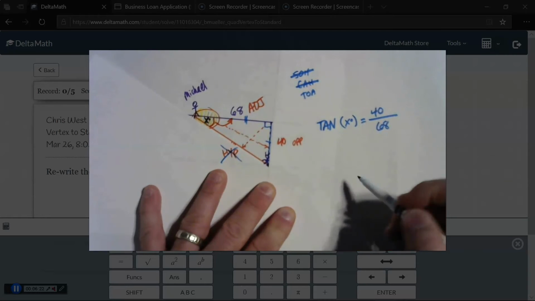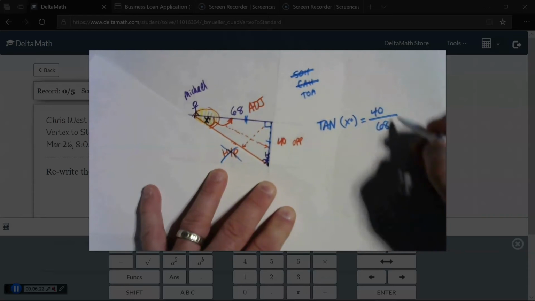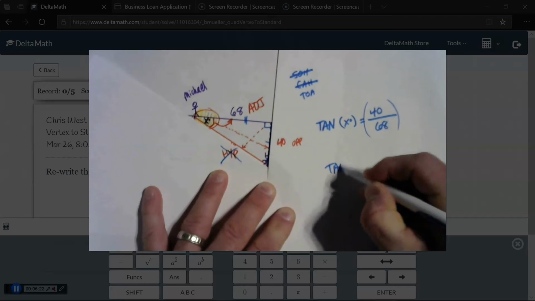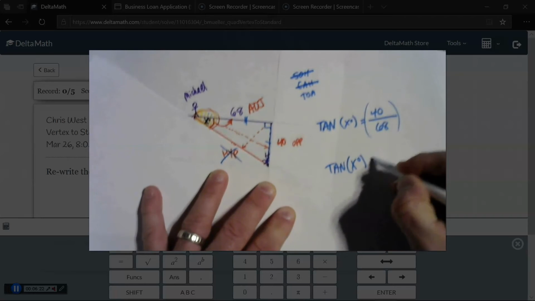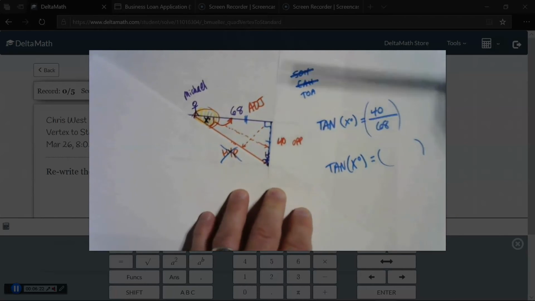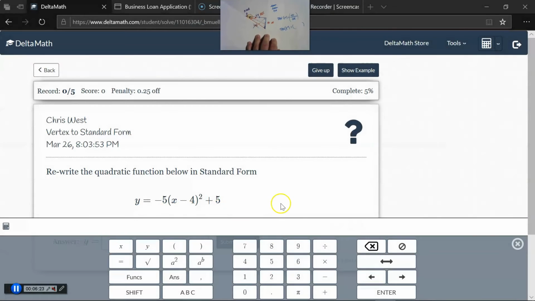Then I want to convert this 40 over 68 to tangent of x degrees equals some decimal. I want some decimal over there. So let's go to our screen.